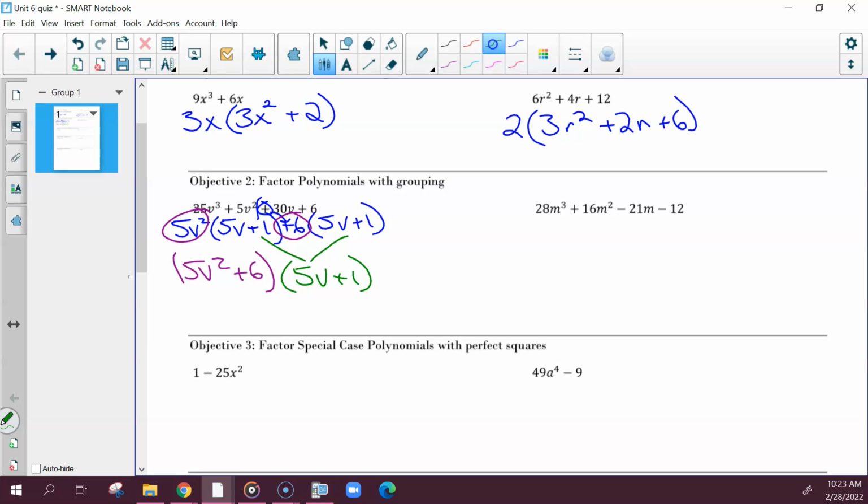What questions do we have on that one? If, let's say, you got down to your final answer and you had something like 30b squared plus 6. Is this completely factored?